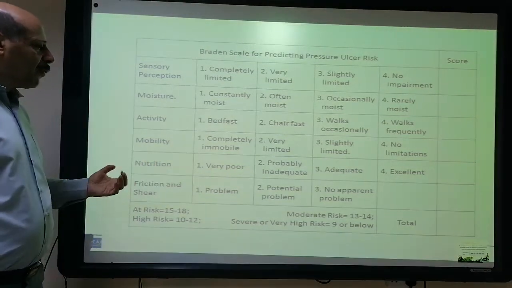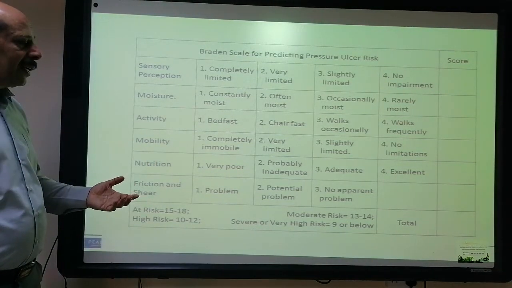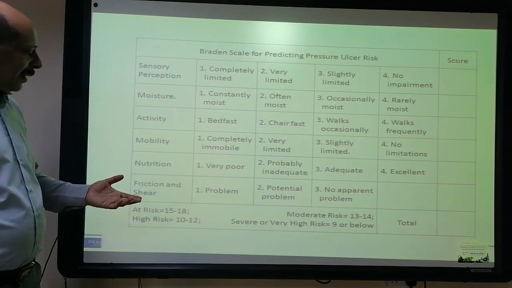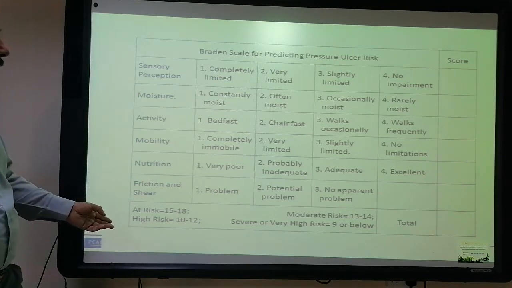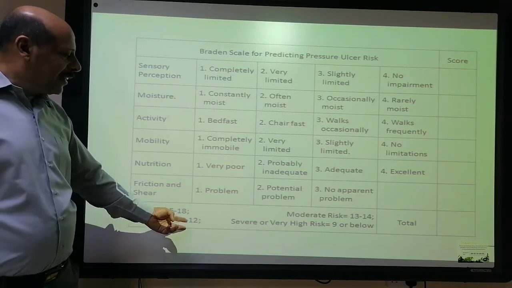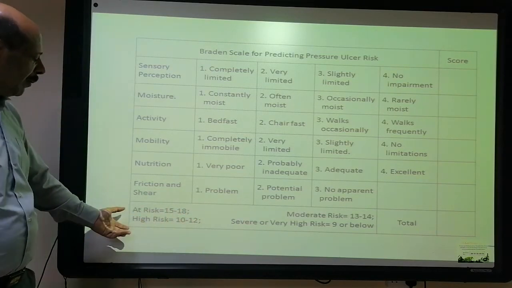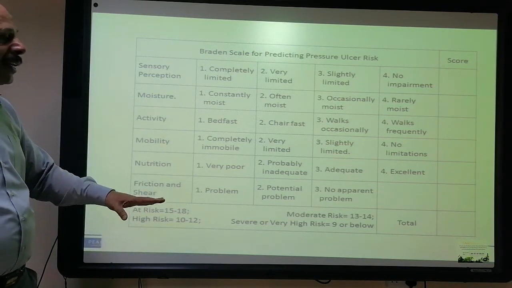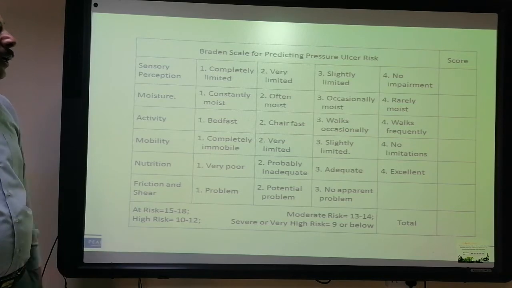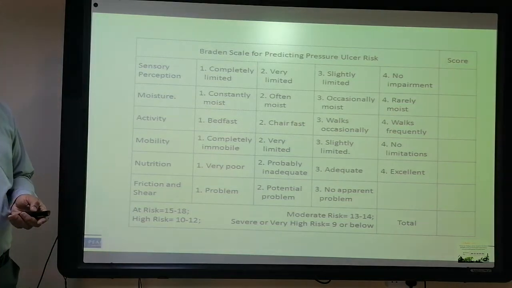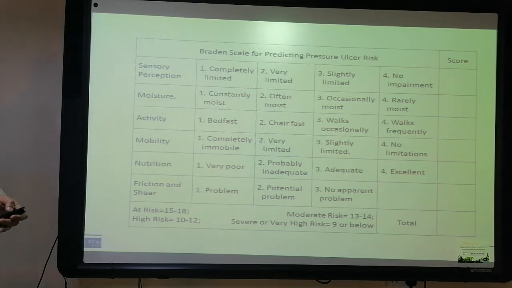If it is from 13 to 14, he will be at moderate risk. If it is from 10 to 12, he will be at high risk. If it is below 9, in this case, he will be at a very high risk for developing bed sore.